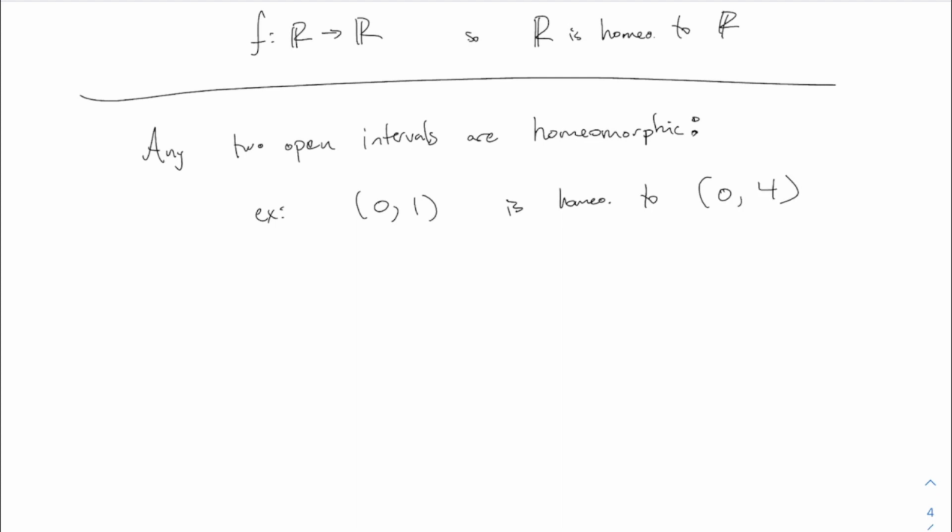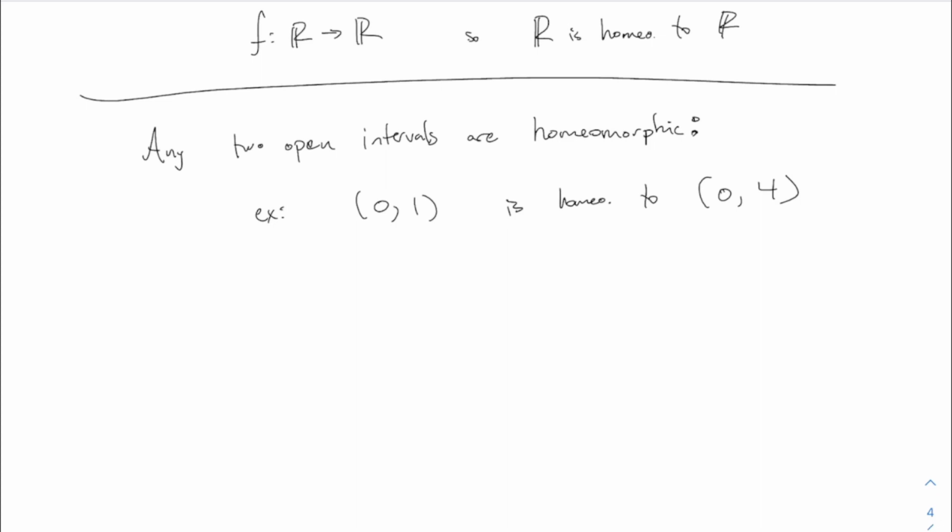That is to say, in topology, those are the same thing. Now, in geometry, they're not, because the first one is shorter than the second one, right? So they are not the same set geometrically speaking, but topologically speaking, we consider them to be the same set.